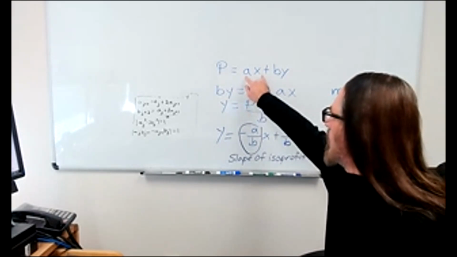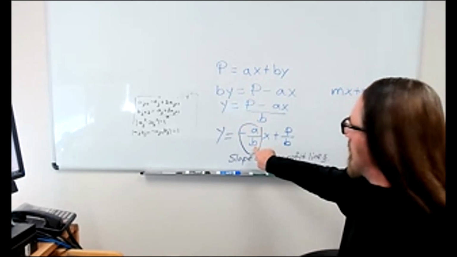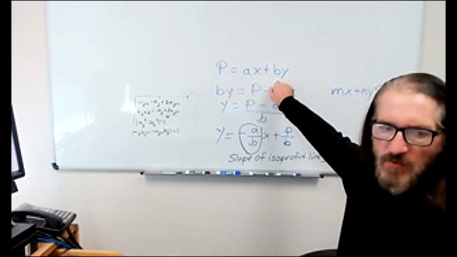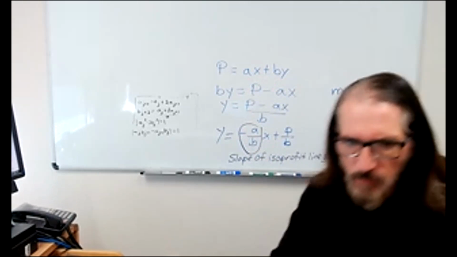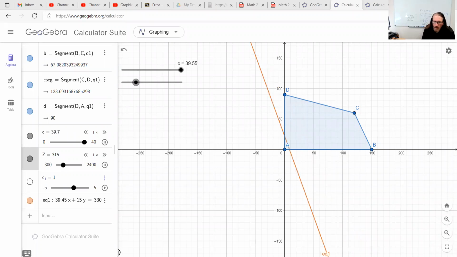Okay, so if we solve this for y, we have the slope of negative a over b here. Change one of these coefficients, you're changing the slope. And our question is going to be, how much could it change by?